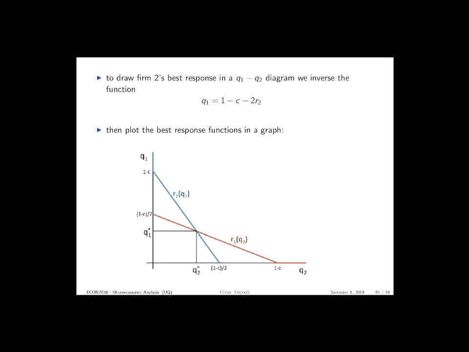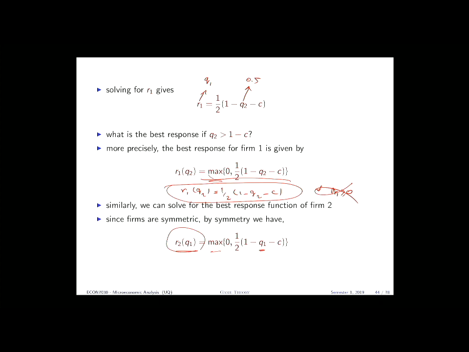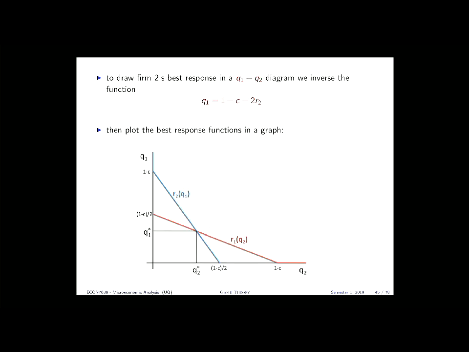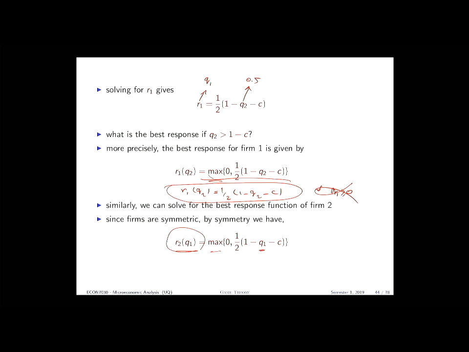So you can see there are two downward sloping lines. One is steeper and the other one is less steep. Which one is steeper? Obviously, if you look at the slopes, you can see that in a diagram where Q1 is on the vertical axis, the slope of this one is minus half, and the slope of this one is 2, because you have to reverse it.